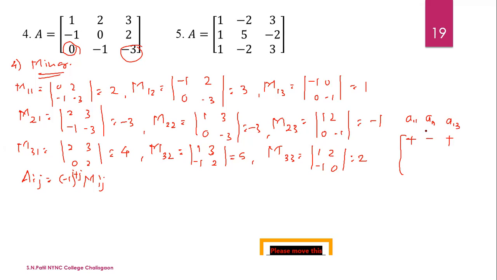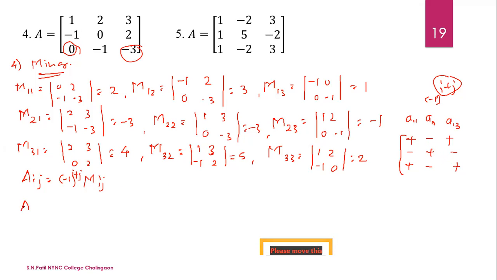The addition here is 1 plus 2, which is odd, so minus 1 raised to i plus j gives minus. Here 1 plus 3 is 4. Now here this is the position A21, that is minus, plus, minus. Now here A31, that is plus, minus, plus. So immediately we write the numbers of the minor as they are, and then accordingly we attach this plus minus sign.